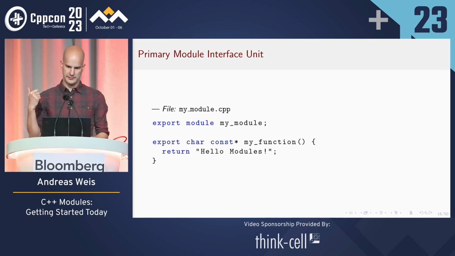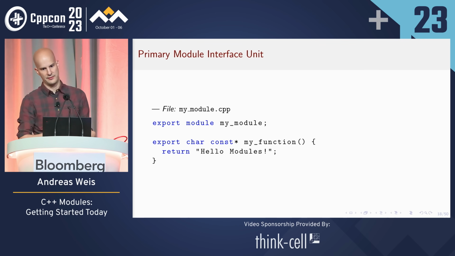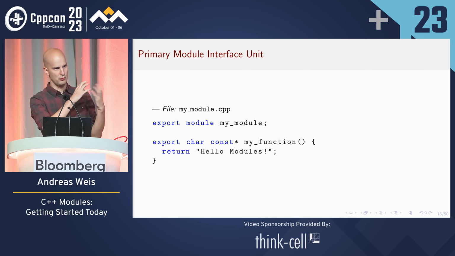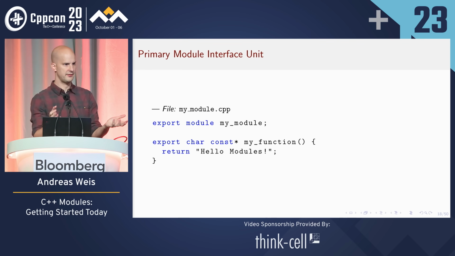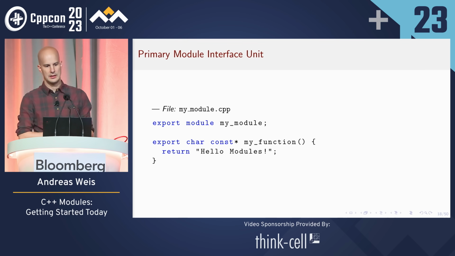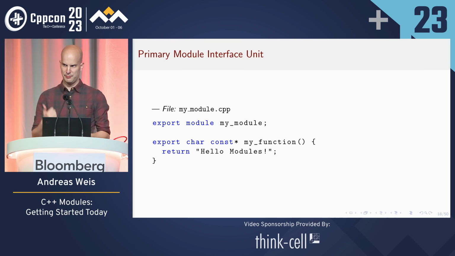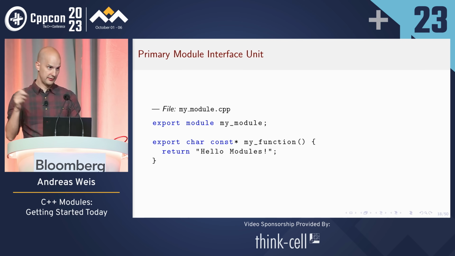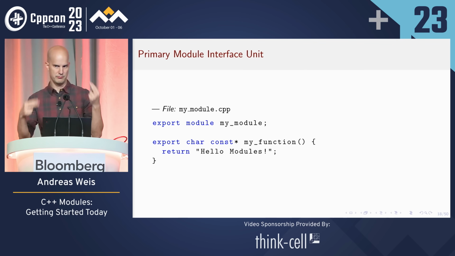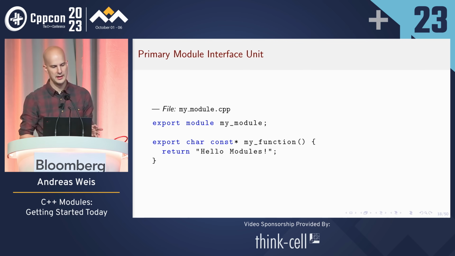And this is the one file that you always need to have. This is what is called the primary module interface unit, and that is what defines, under the name of my_module, what is actually the stuff that is available if I import this. So primary means you can only have one of these things, right? If you have two, then you again have the problem that you have two things that declare the module of the same name. We don't want that.